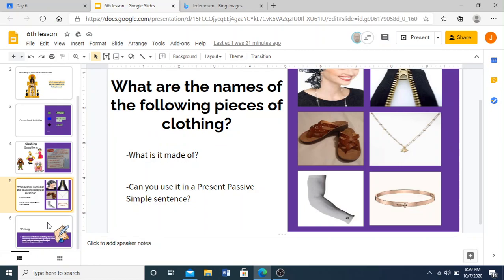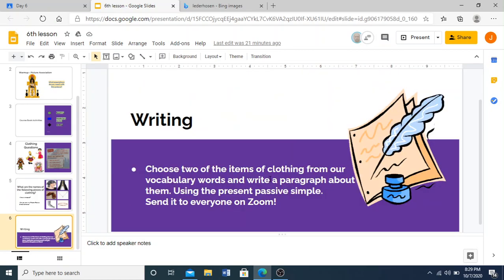When you choose the two, write an explanatory paragraph, a descriptive paragraph, or whatever about both of them and send it to everyone in Zoom. But when you're writing about them, make sure you write it in the present passive simple.